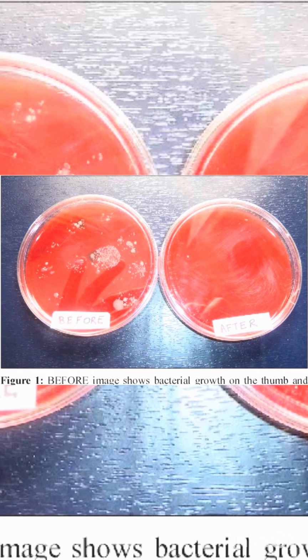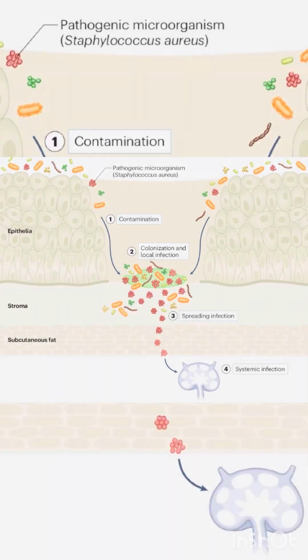Even though you're wearing gloves and PPE, it's still important to properly wash your hands so that none of the specimen gets contaminated by your own normal flora or any contaminants that you may have on your hands.